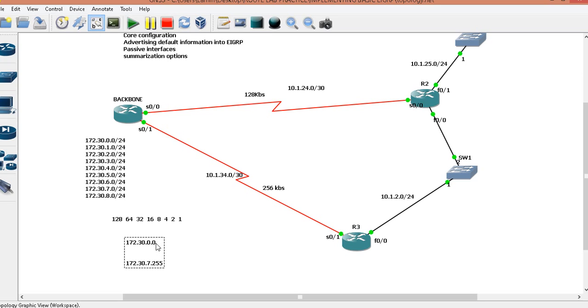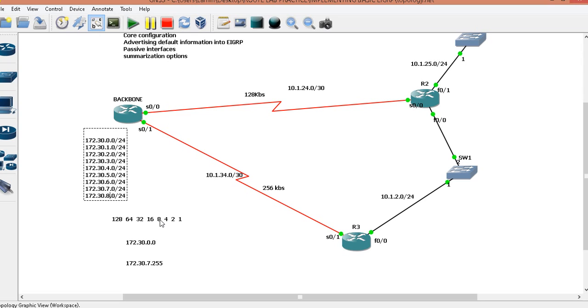So how do we find the subnet mask of this summarized network? By using the increments: 128, 64, 32, 16, 8, 4, 2, 1. We work on the third octet. How many bits of 1s do we need in the third octet to reach the last network, 8?